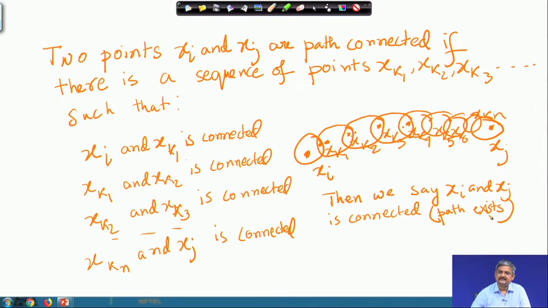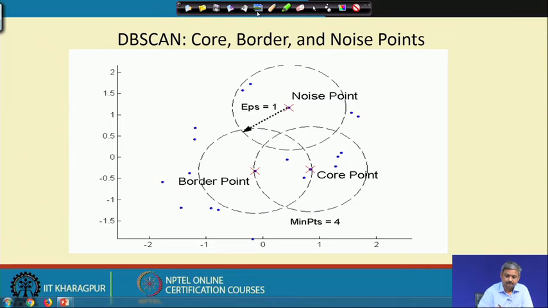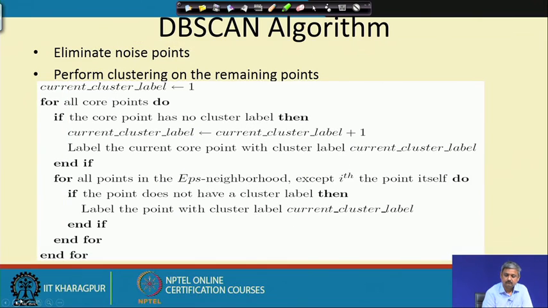Now, let us see how this helps in clustering.